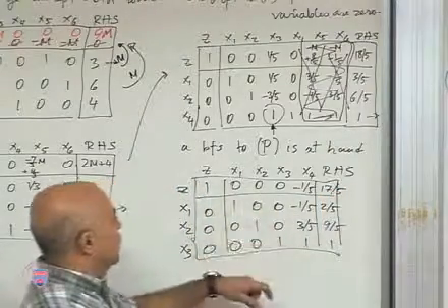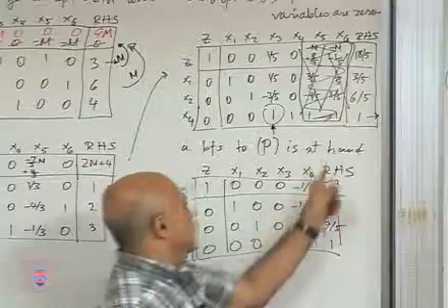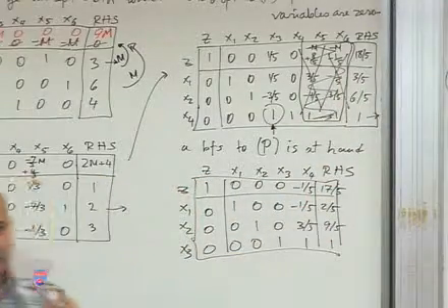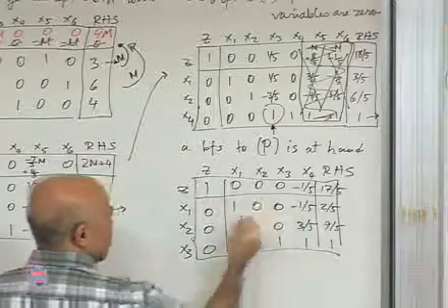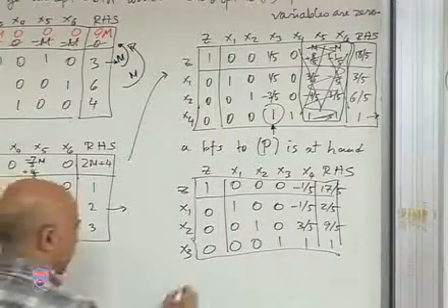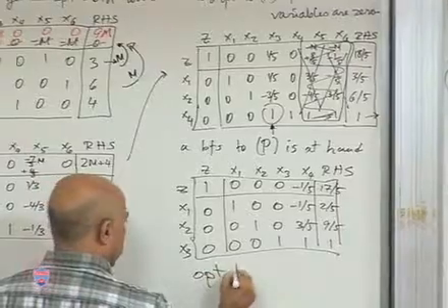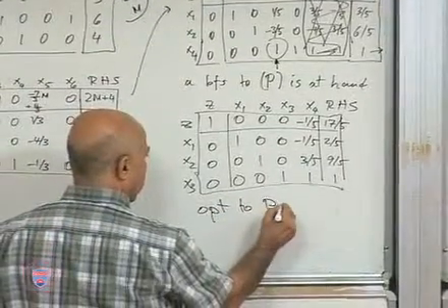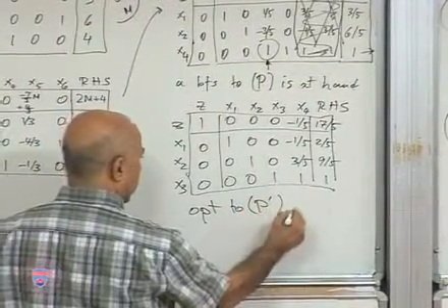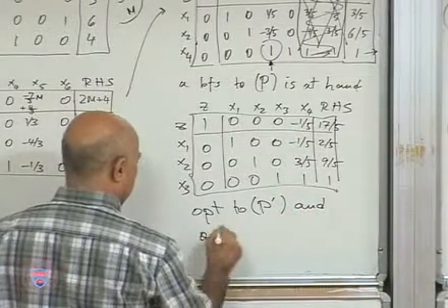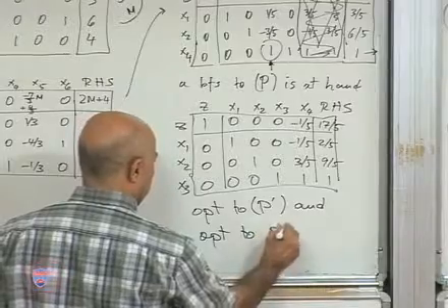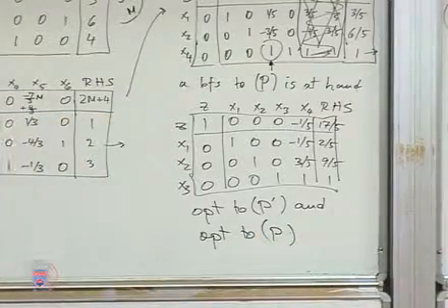Yes, this one is better than the previous one. 18/5 went down to 17/5, which is a little bit smaller. And this is optimal because there's no reduced cost which is positive here. Optimum to P prime, which is also optimal to P, the original problem, okay?